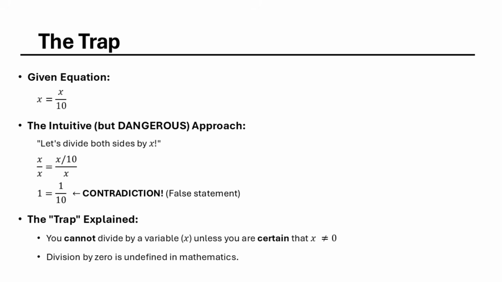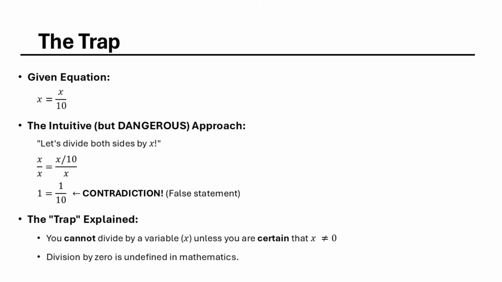If we were allowed to do that, the equation would transform. We would have x divided by x on the left side, and x over 10, all divided by x, on the right side. On the left, x divided by x would simplify beautifully to 1. On the right, the x terms would cancel out, leaving us with 1 over 10. So, the equation would simplify to the statement, 1 equals 1/10.